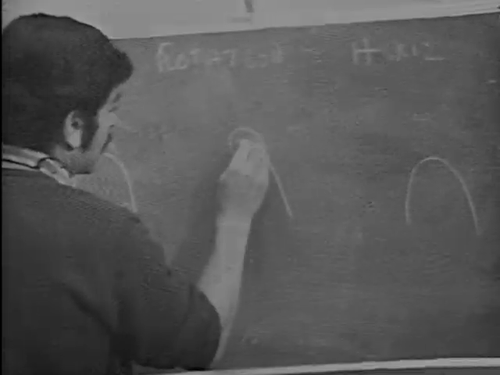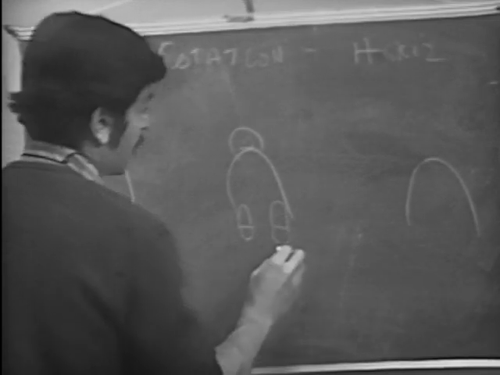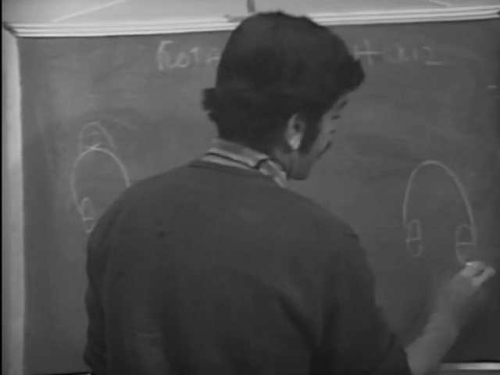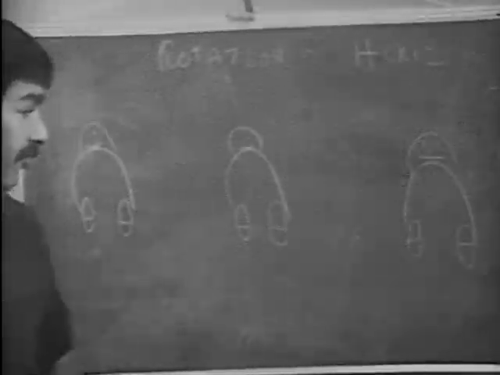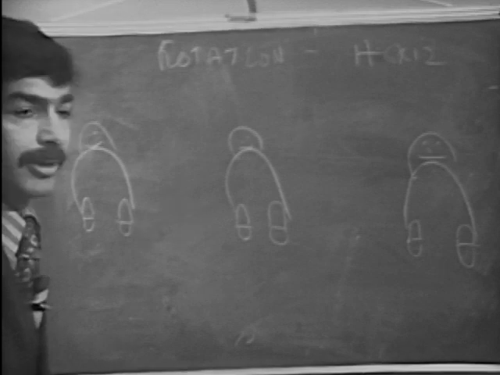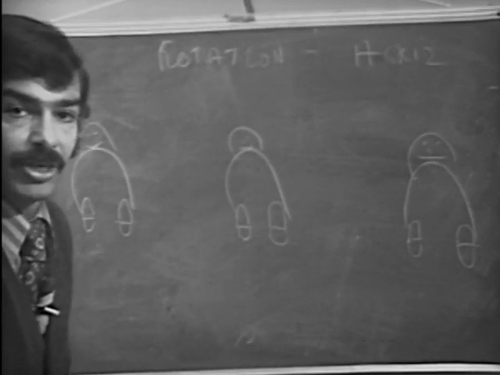Let's say this is a patient here. These are his feet. So he's lying. These 3 patients here are lying on their backs in bed, and this is just to give you a perspective of the way to look at the patient when you're talking about rotation.